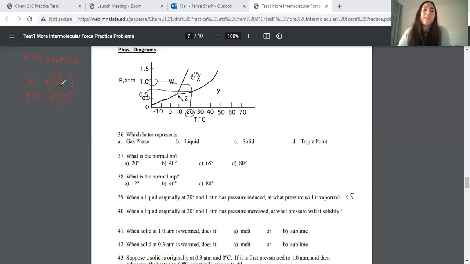A has a higher boiling point than X. X has a lower boiling point. So we can just turn up the temperature to X's boiling point, get rid of it, but we'll still have A because A won't boil.